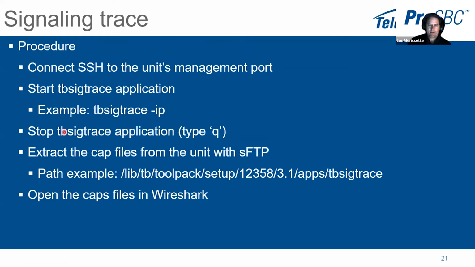Once you have captured all the SIP traffic you want, you can just type Q to stop capturing traffic. And then the file will be located, you see again at the same path, but it will now be in the TB-SIG-trace folder. Once you have those files, you can just open them in Wireshark and you'll see the SIP trace.